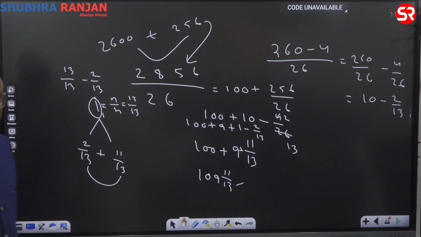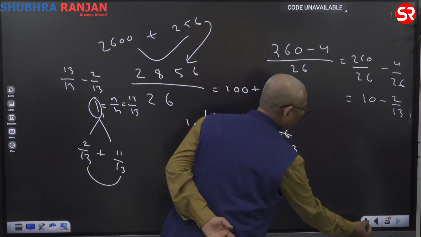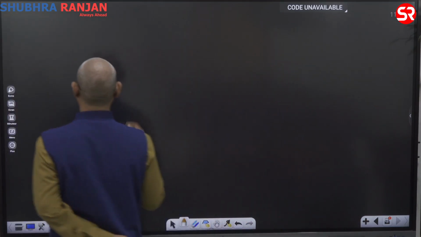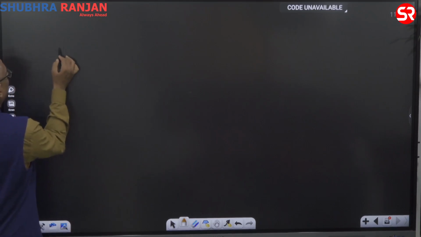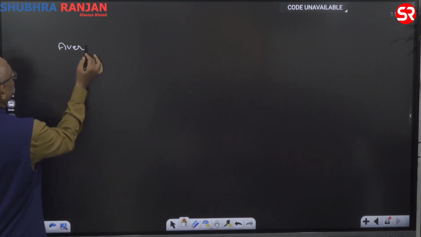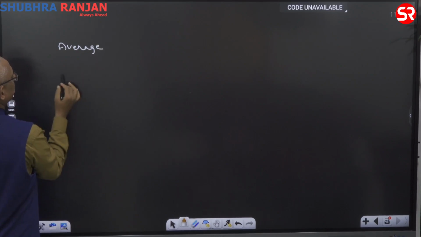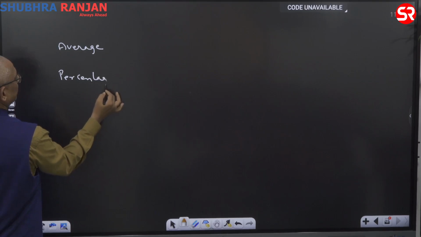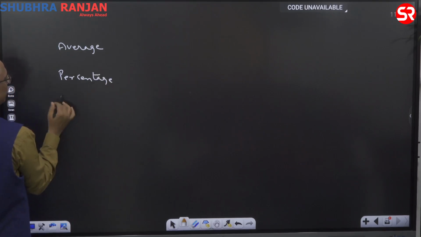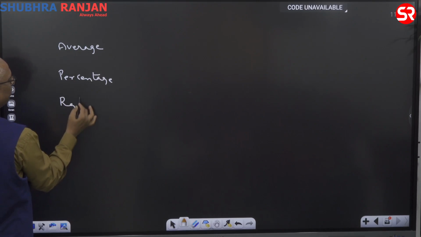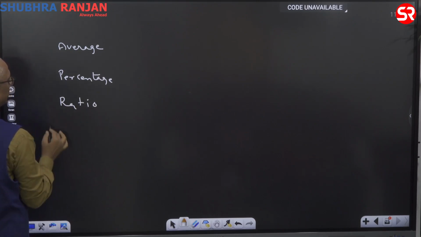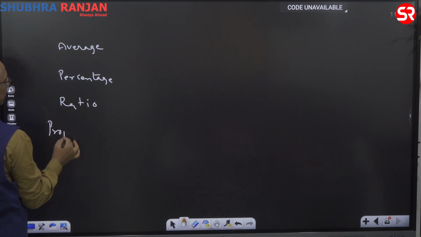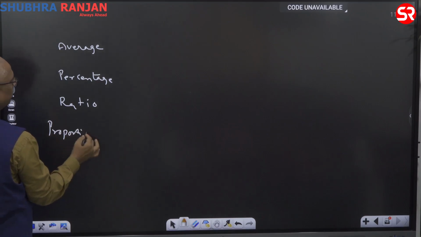So what are the terms that we have to learn? Already told you. Tell me the terms. Average. Next. Percentage. And then ratio. Next. Proportion.